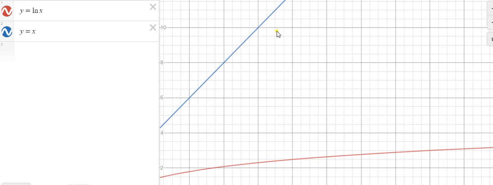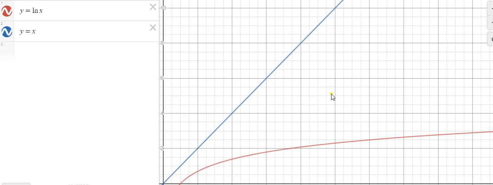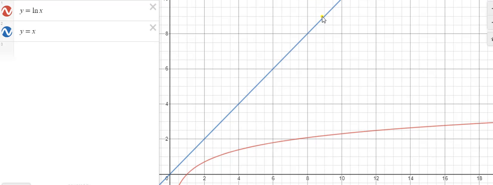So when we say something grows faster than the other, just compare the y values as x goes to infinity. Which one has the higher y value?